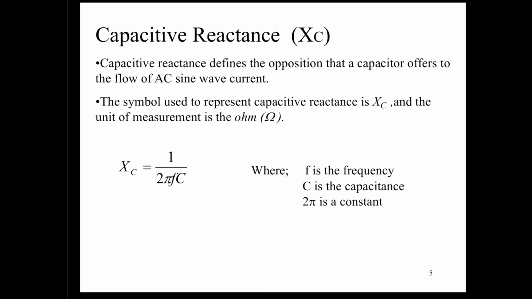Okay, so now we're to our XC relationship, or our XC formula, and this is where we have a value in ohms. So whenever we're talking about reactance, we need to realize that we are talking about opposition.